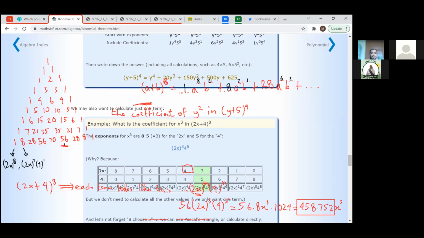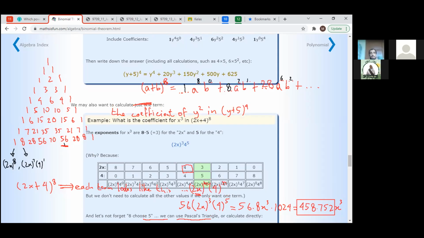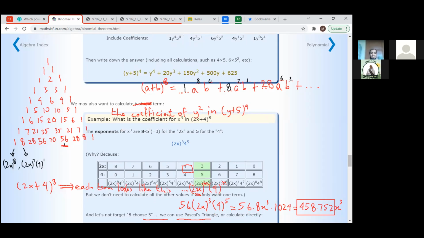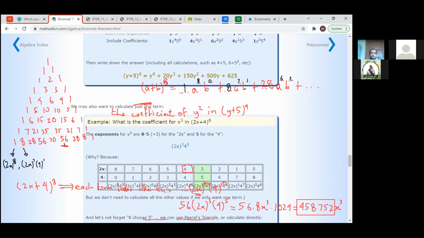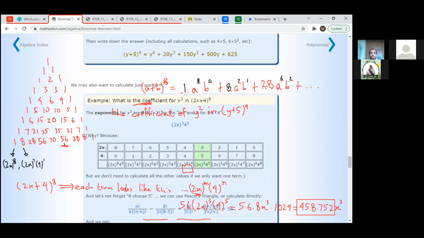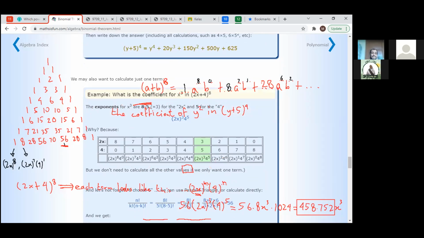Menuliskannya dari awal sampai baris ke-8 itu butuh waktu yang lama. Makanya lebih baik kalau kalian juga pahami rumusnya untuk mencari masing-masing angka di segitiga Pascal ini.